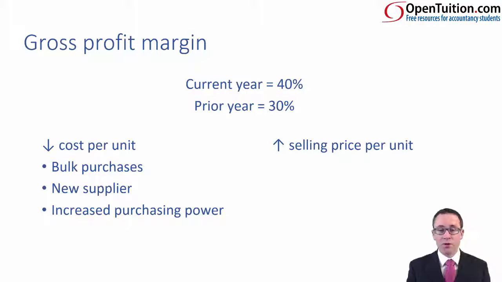Likewise, the reason why the cost per unit could have gone down is maybe you have got bigger and bigger as an entity and grown. The bigger you grow, the more purchasing power you have. And you may have got to a position now where you are so large that essentially you start to dictate the pricing terms to your suppliers.